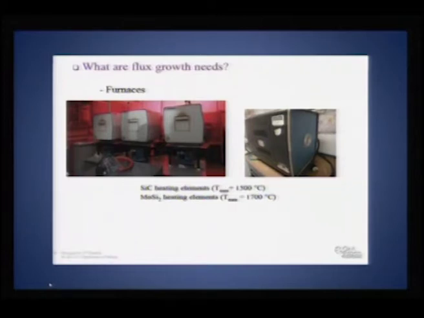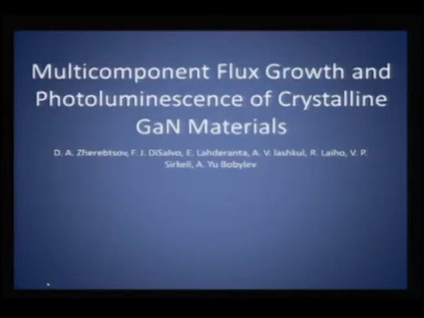These are typical dimensions of the furnaces that you need to have. You can use high temperature furnaces, mostly molybdenum disilicide, which can give you up to 1700 degrees C, or you can use silicon carbide furnaces, which can achieve up to 1500.